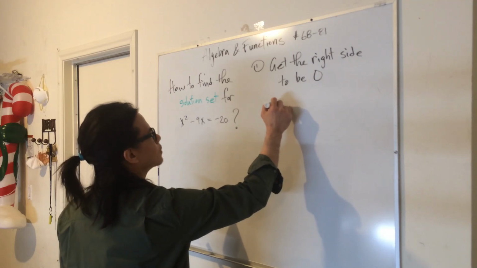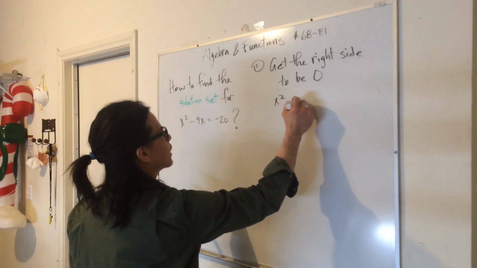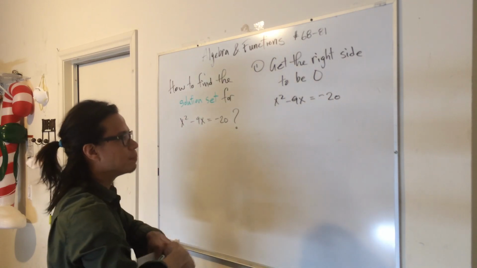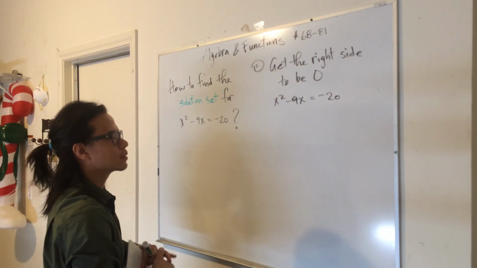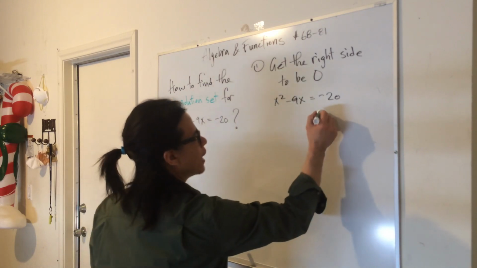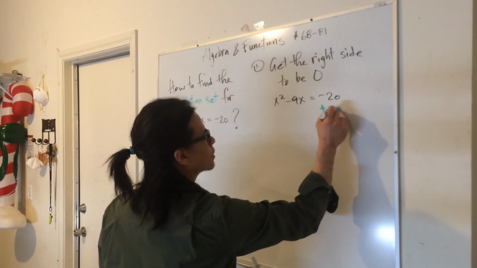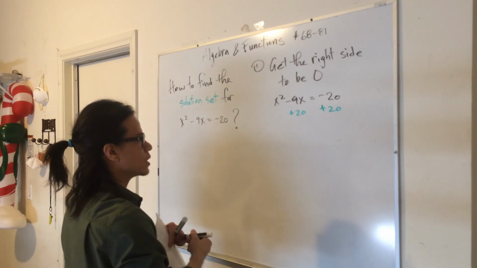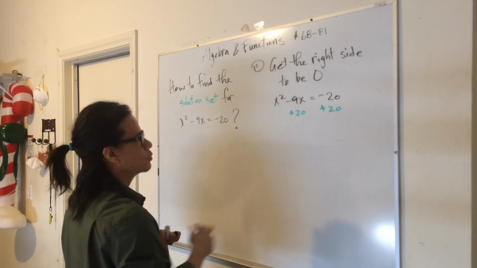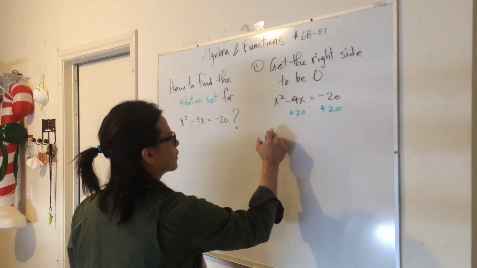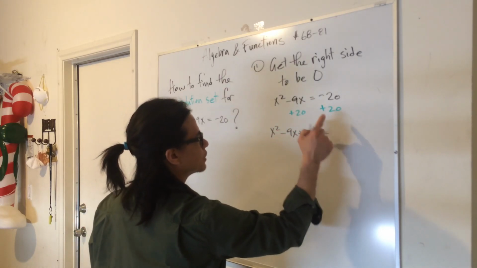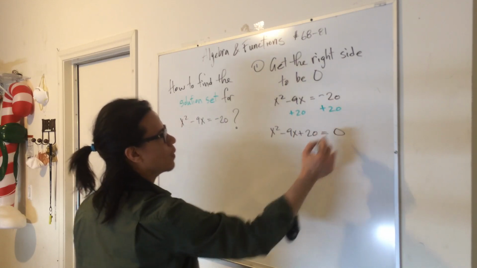So x squared minus 9x equals negative 20. What's the opposite of minus 20? Add 20, right? So let's add 20 to both sides of the equation. And then we'll end up with x squared minus 9x plus 20 equals 0.